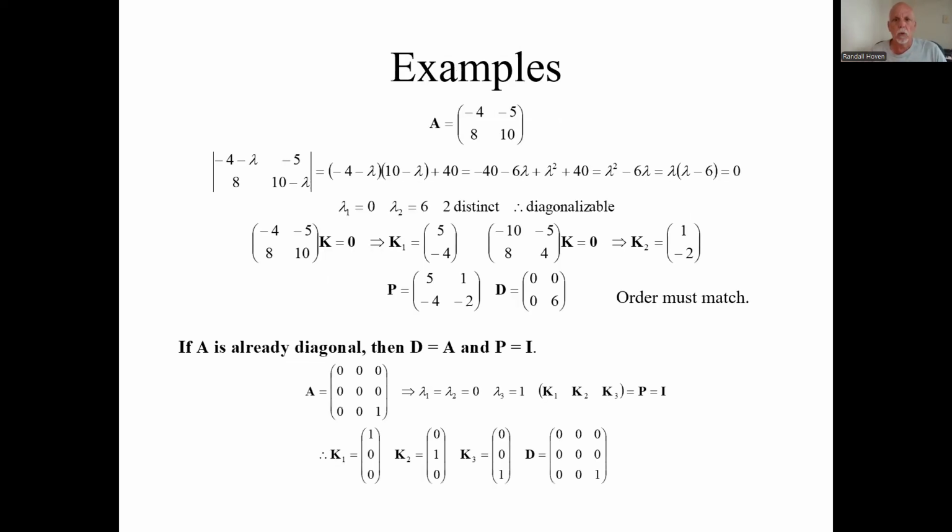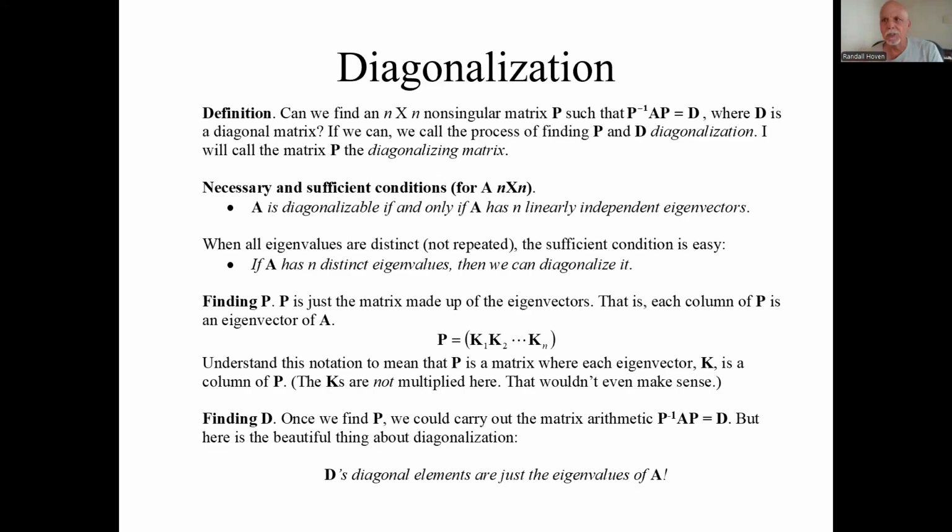So I'll just finish this in this video because it's the last video of my whole course here. So if we can find an n by n non-singular matrix P such that this is true, we call that process diagonalization.